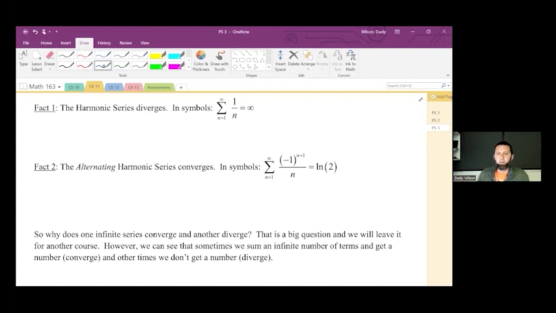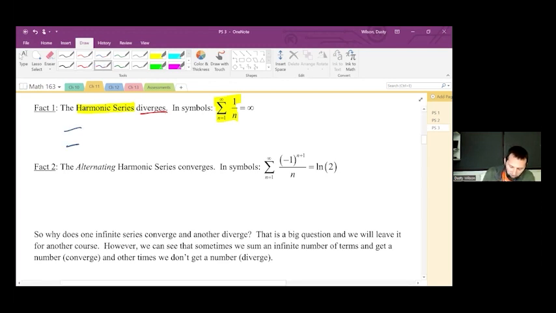Fact number 1, the harmonic series diverges. In symbols, the sum from n equals 1 to infinity of 1 over n equals infinity. This series right here is called the harmonic series. It's worth knowing its name, and it's definitely worth knowing that this series diverges. So what does that look like if we spell it out?